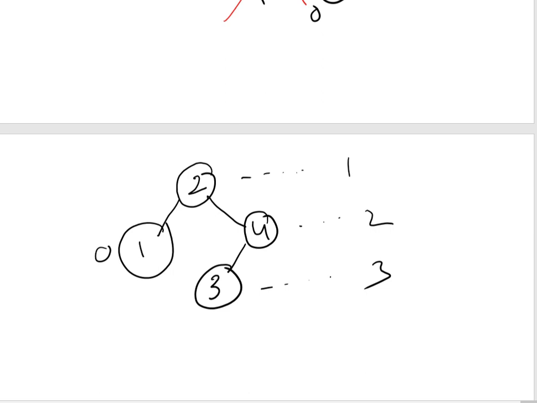This node is 1, only one child is there. Height of this node is 0. Height of this one is 1. Height of this one is 1. Am I right? Because it has only one child. This has one child. So how will we get this operation?